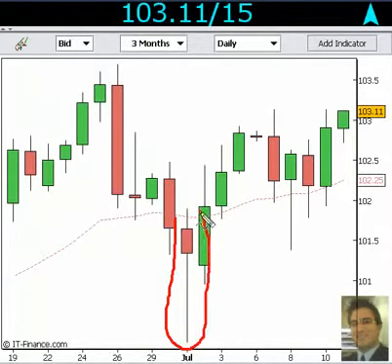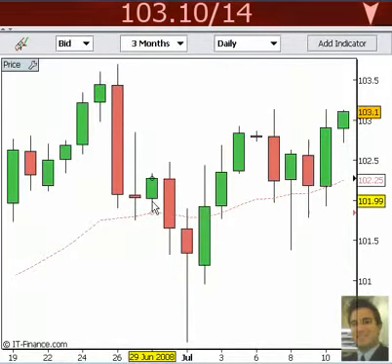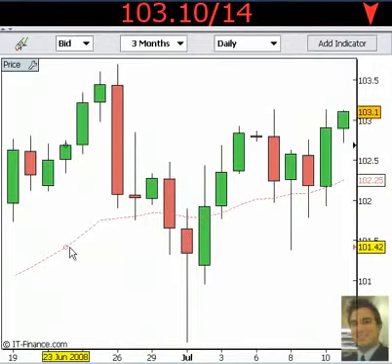This bar here. And then we had another nice pin bar in the direction of the trend here. Now you can see with all these pin bars, price went in the correct direction. They followed through in the opposite direction of the tail.